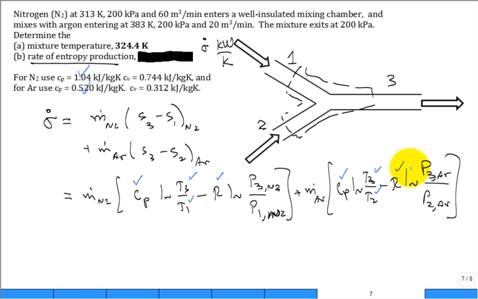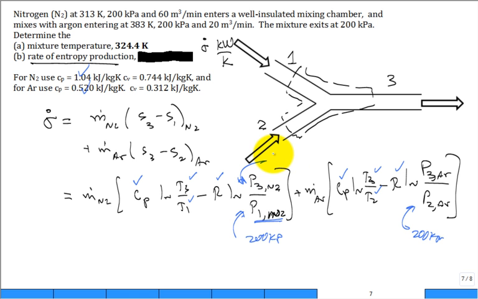So we got it. What is this pressure? P1, the inlet pressure of the nitrogen. Because it's pure nitrogen in that stream, it's 200 kilopascal. And this one, it's 200 kilopascal. This one, you've got to get the mole fraction times 200.